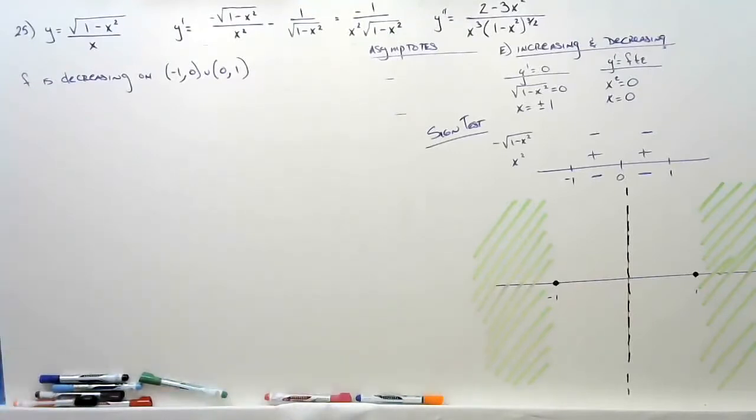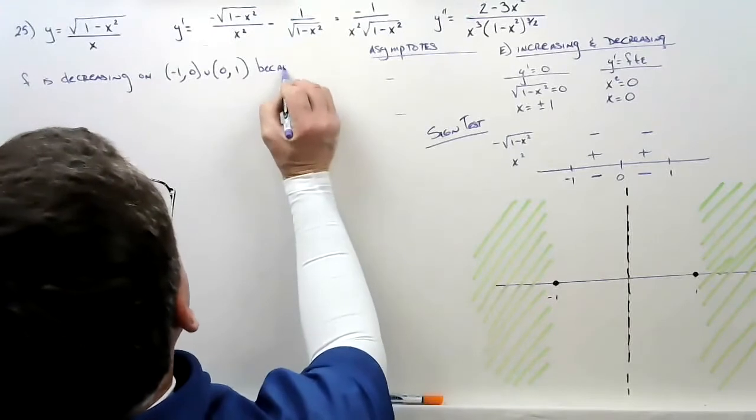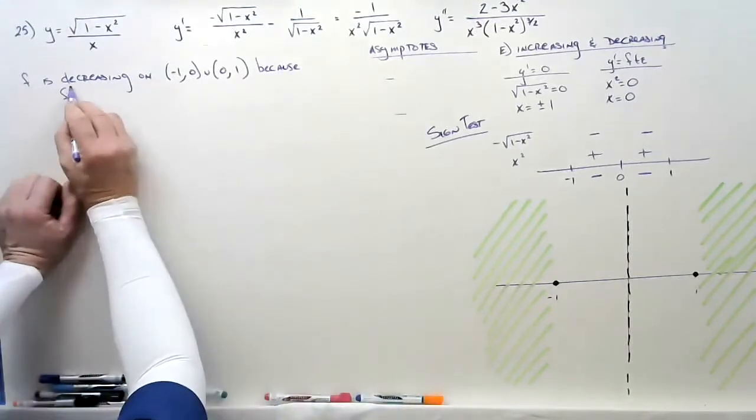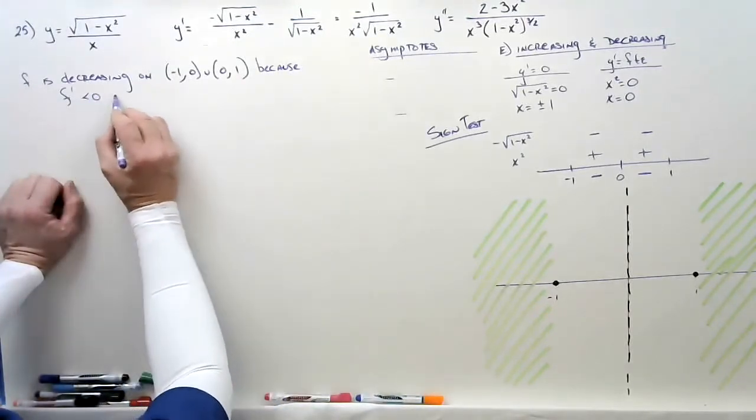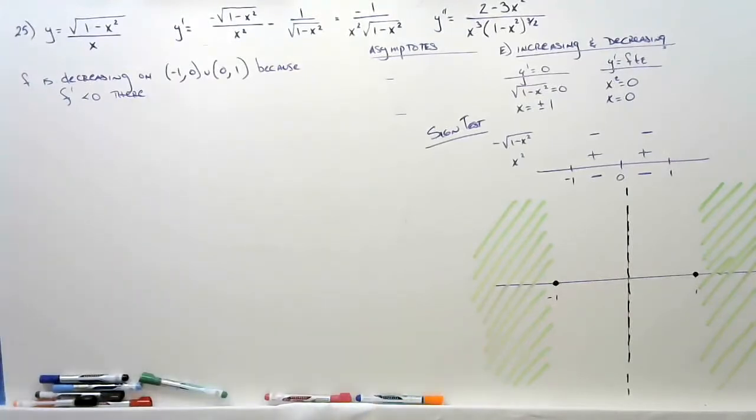That's where we're decreasing, because f prime is less than 0 there. Now, f is never increasing, right? It's never increasing, there's no plus.